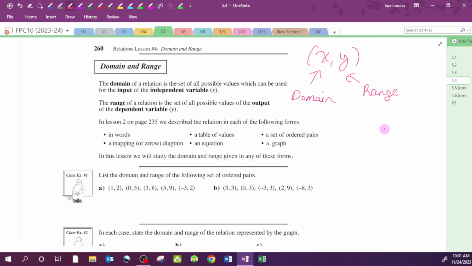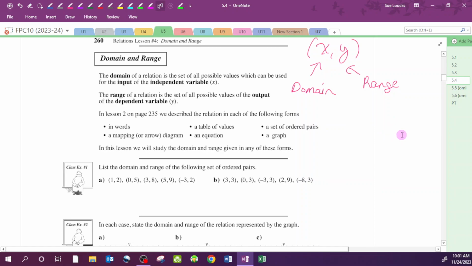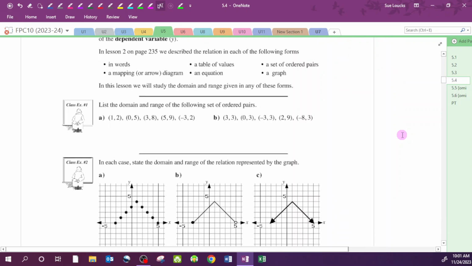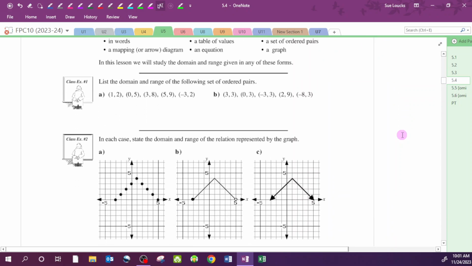And then there's lots of different ways that we can describe our relations, and there's different ways that we can write out the domain and the range. So in this first example, we're just given a list of numbers. So the domain, of course, is the X value, or the first one, and the range is the Y. So for the domain, we're just going to list all the X values.